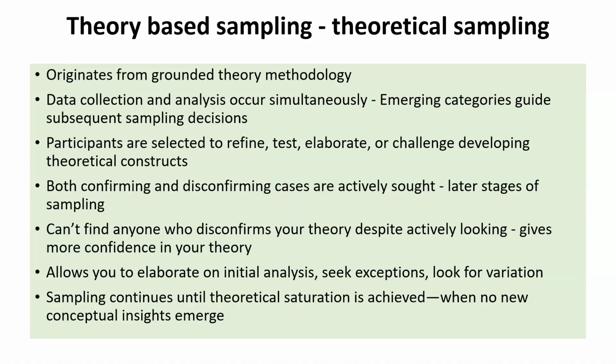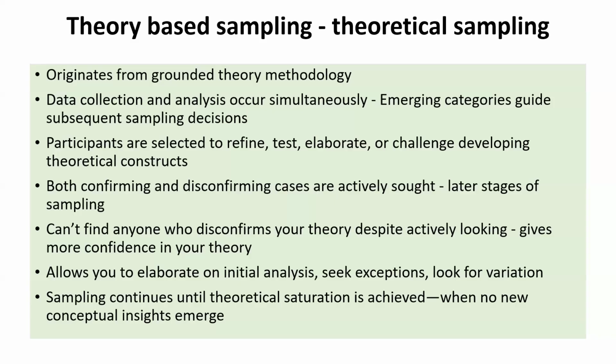But this kind of approach of theoretical sampling will give you more clarity. And when you say the word saturation in your sample size, this theoretical saturation especially belongs to grounded theory methodology, because you are trying to refine, test, elaborate, build up on your theory, and a time comes when you feel that no matter whom I'm recruiting in my sample, nothing more is being added to the theory I'm generating.